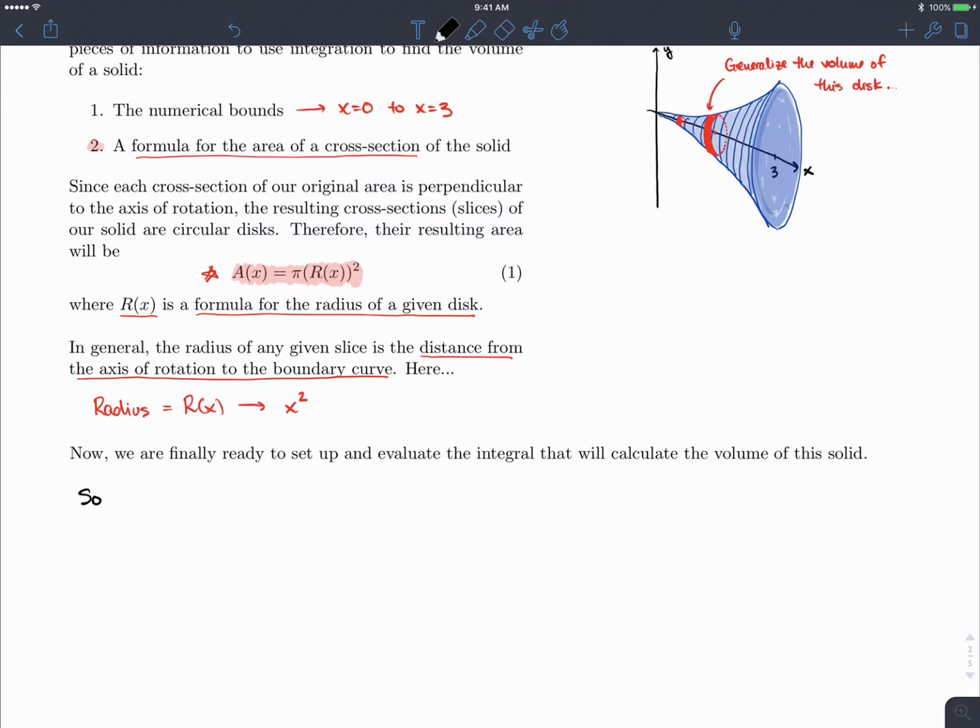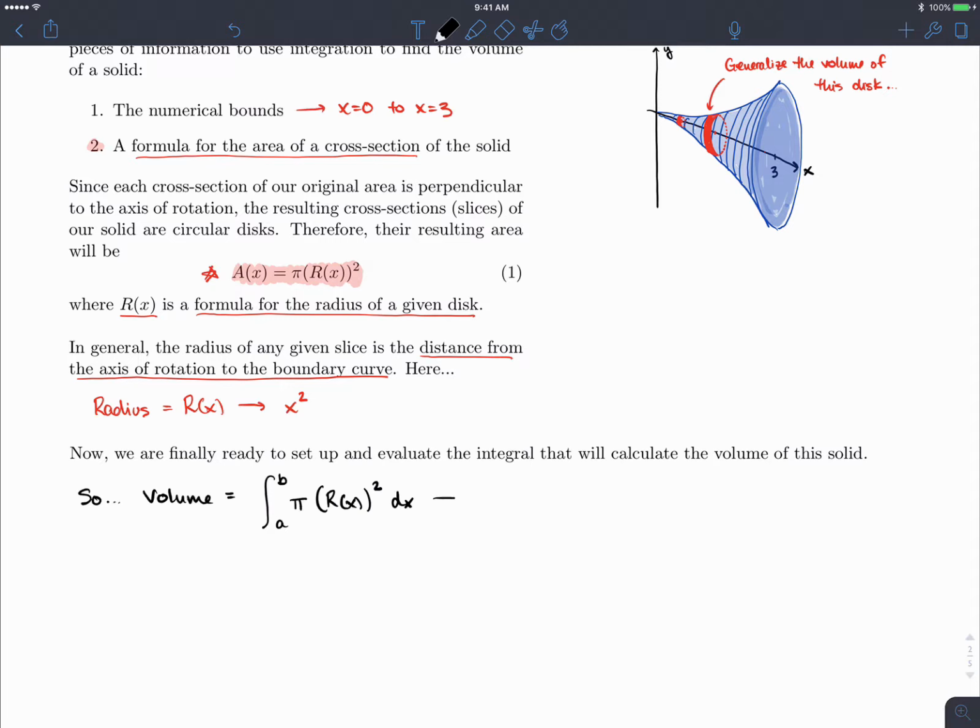So volume is going to be equal to the integral from a to b of pi times our radius squared. It's just the area of a circle. That's all we're dealing with because we've got disks.